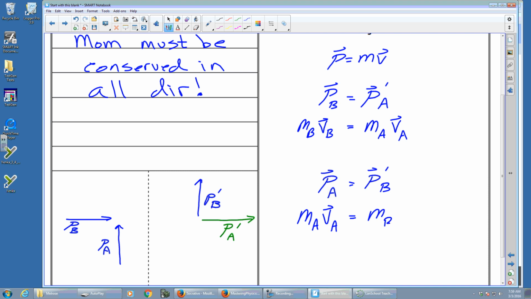Anyone want me to go further on this problem, or do you think you can substitute in there? Do you want me to check? I can.